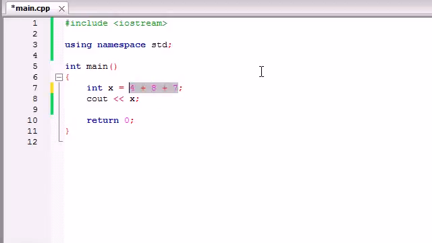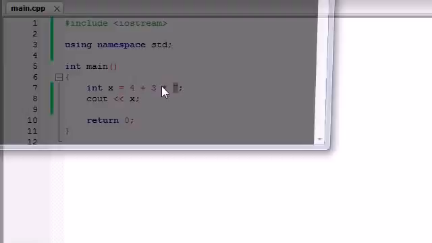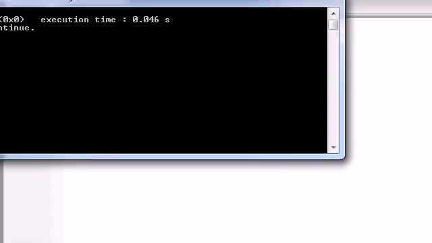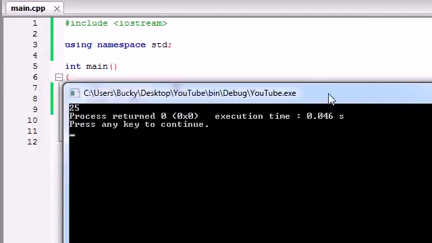The only time you have varying answers is when you have like 4 plus 3 times 7. For example, if you did 4 plus 3, it would be 7 times 7 would be 49. But whenever we run this, whoa, easy boy, we get 25. Why is that?